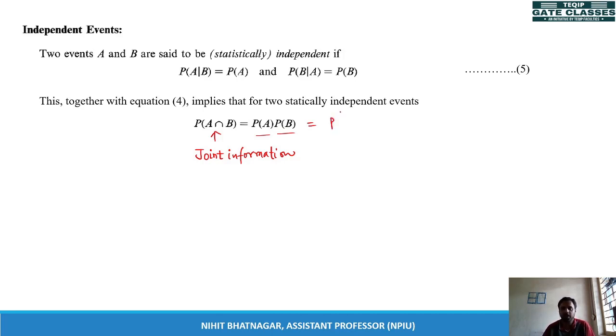In terms of conditional probability, P(A given B) into P(B) equals P(A) into P(B). So you can also derive this formula with the help of conditional probability.